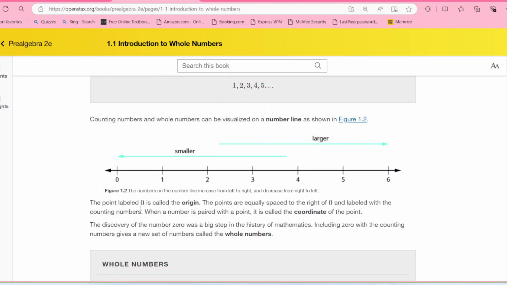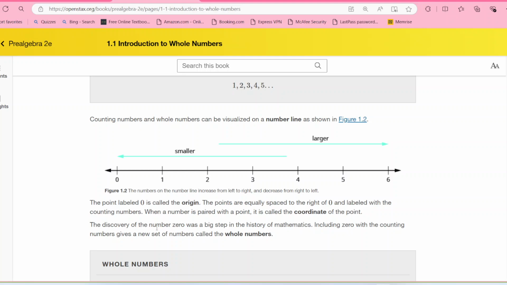The point labeled 0 is called the origin. The points are equally spaced to the right of 0 and labeled with the counting numbers. When a number is paired with a point, it is called the coordinate of the point.